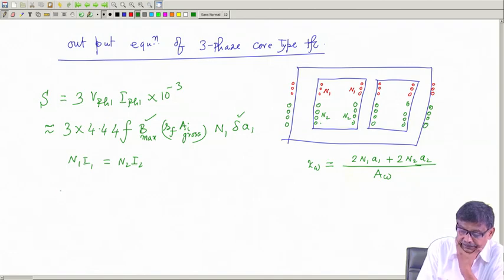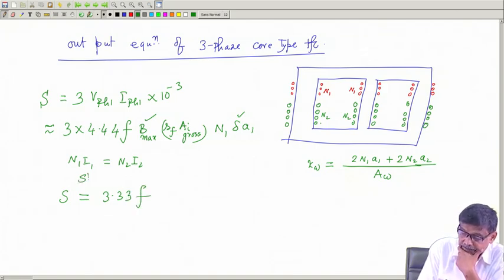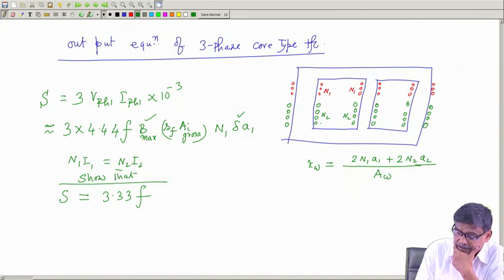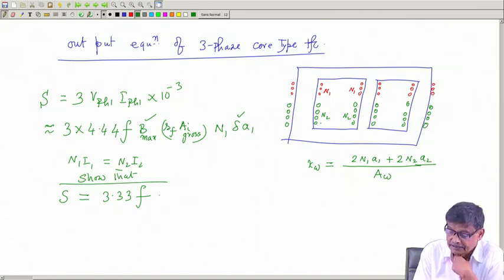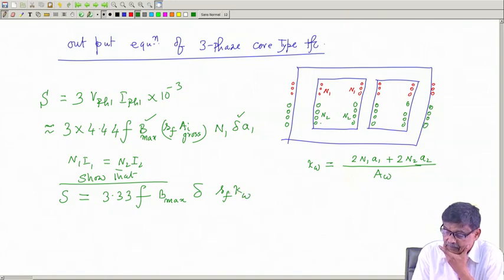What you will get is this, the total kVA will be 3.33 f B max delta S f K w, show that. 3.33 f B max magnetic loading, delta electric loading, then these two factors S f K w.